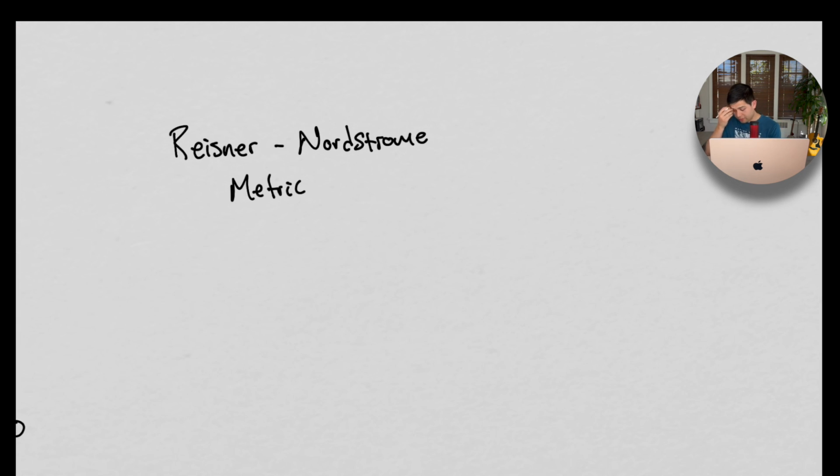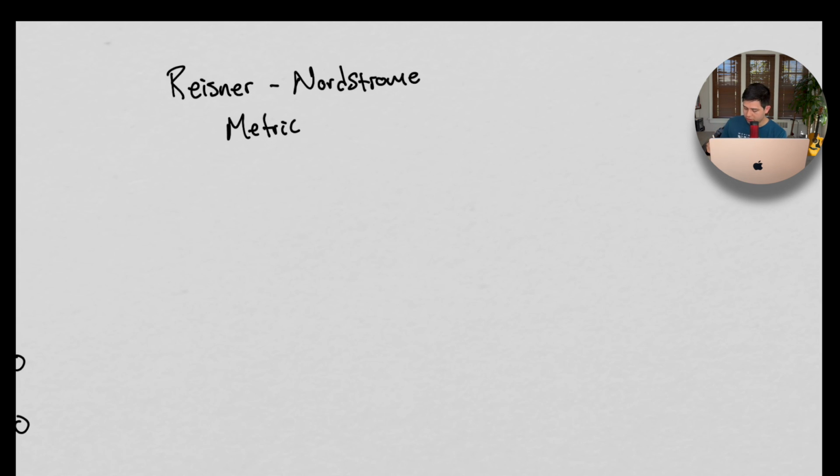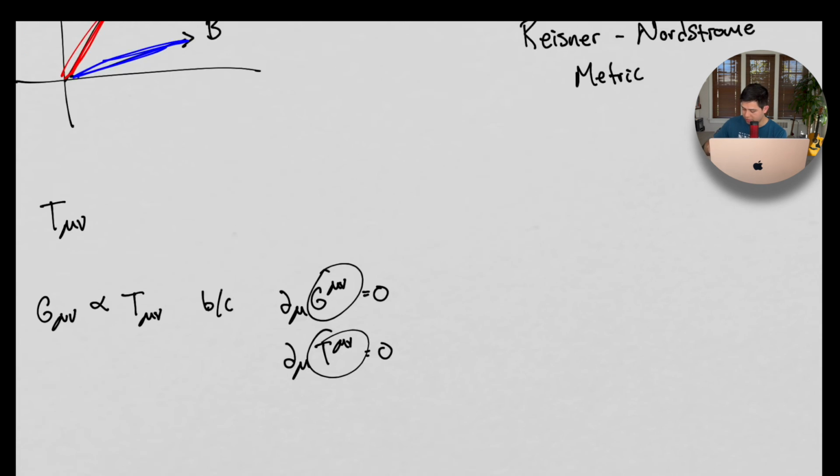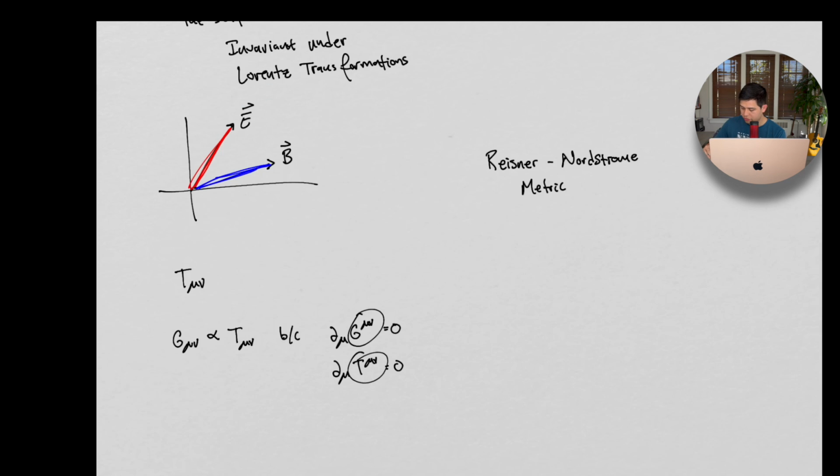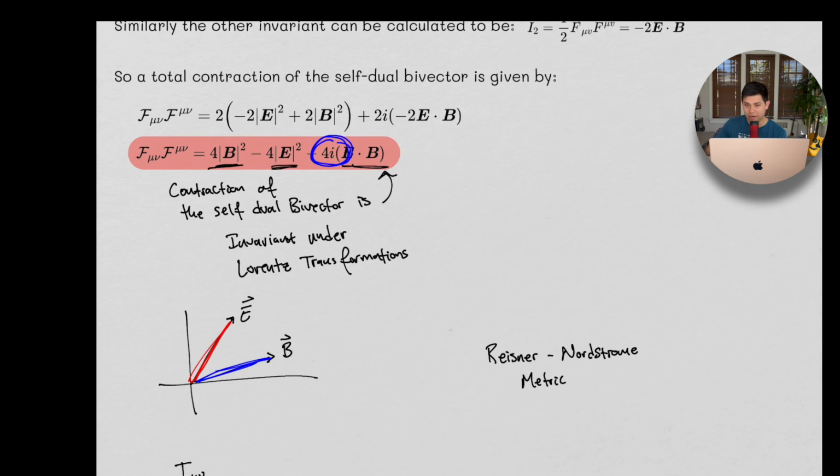And what we're going to do with this metric is we need to define our metric, right? So our metric is going to have, we're going to set this side of the equation to have electromagnetism in it.